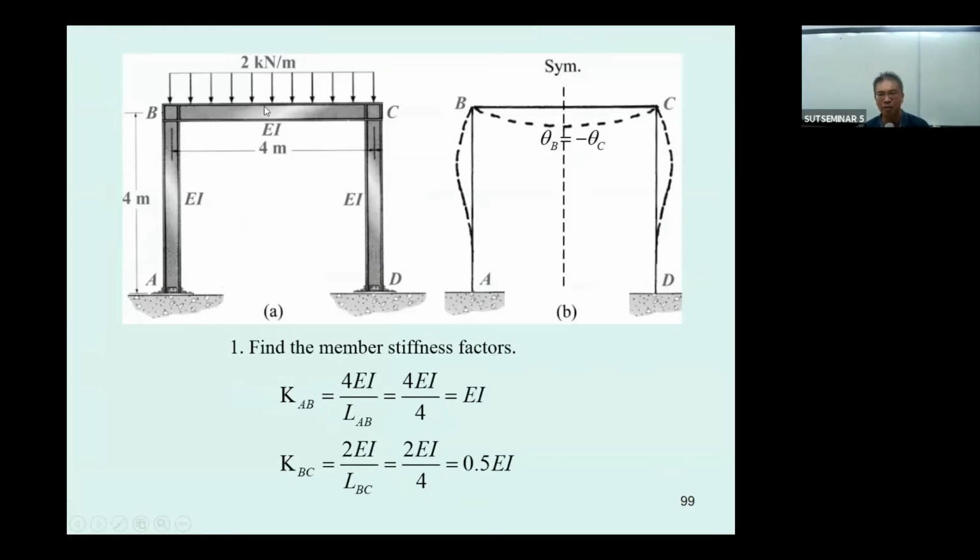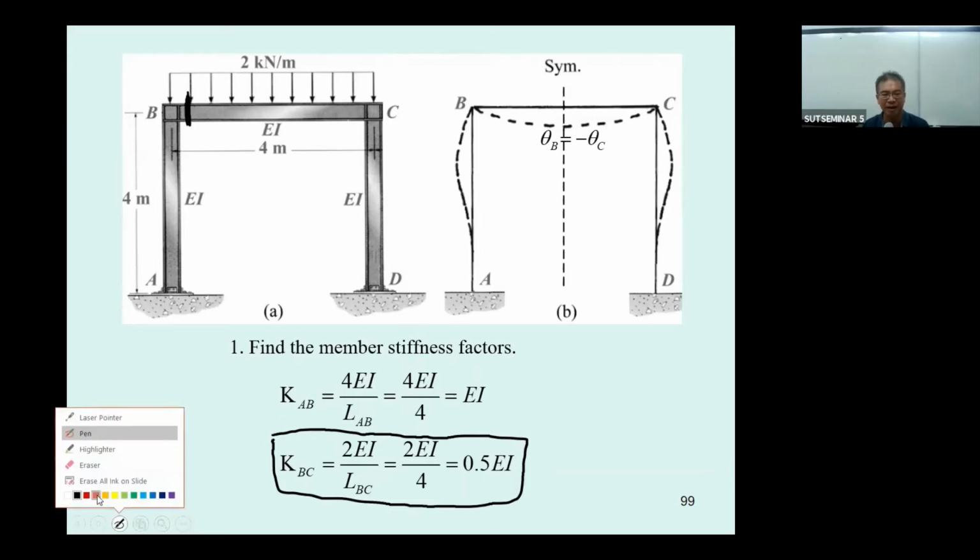However, for the beam, it's going to be 2EI over 4. And you can see the beam now has only half of the stiffness of the column. So the distribution factor of the beam here will be less than the distribution factor of the column here. That's the meaning of what we have for the number here.